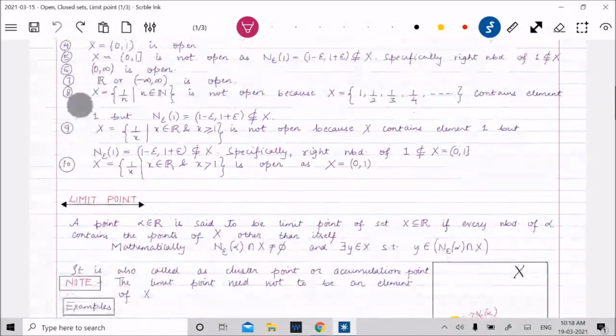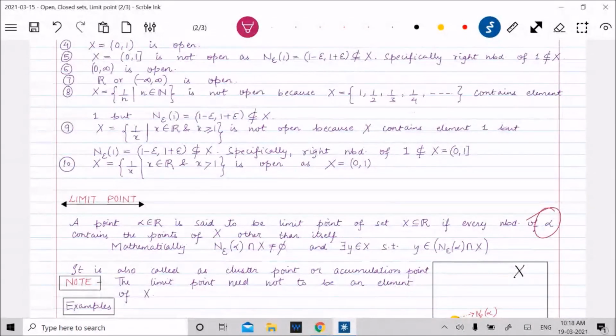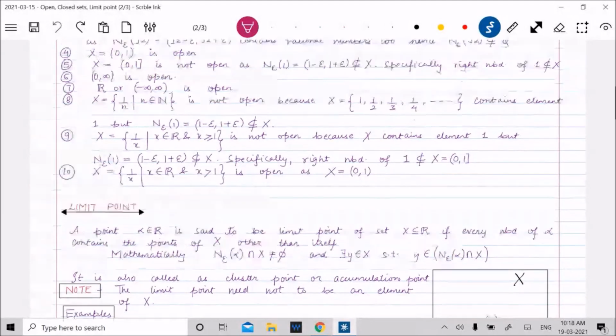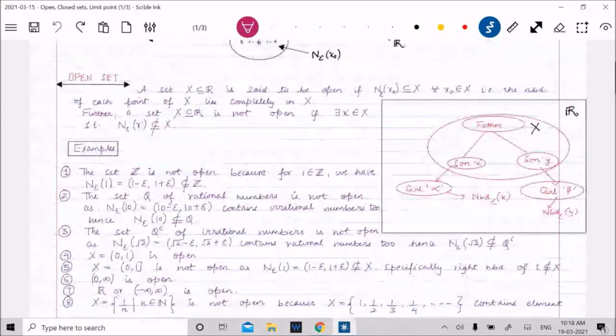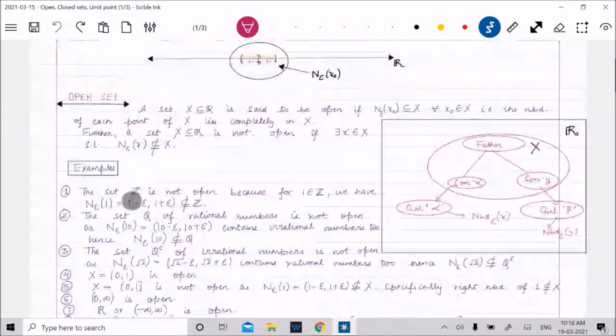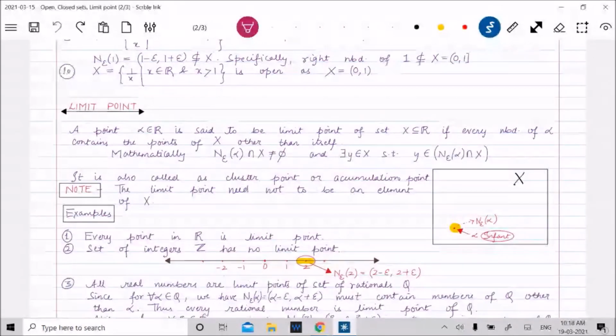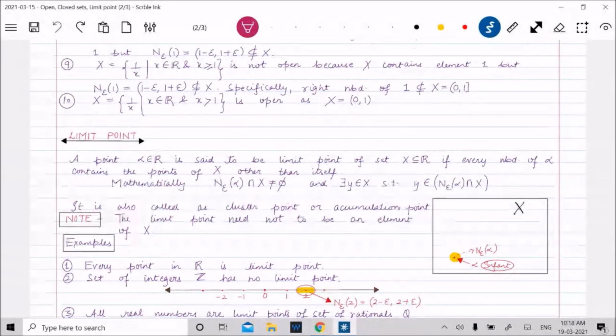That's it, right? It means that alpha should not be an isolated point. In other words, alpha should always have a few points, or at least one point of the set capital X, in order to say that alpha is really a limit point. Right?